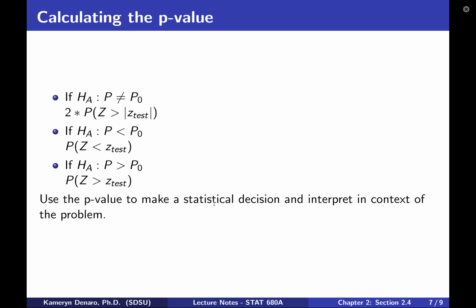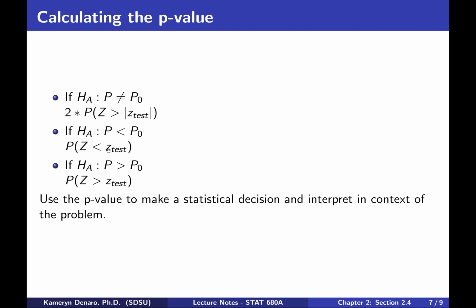From here, we can calculate the p-value, and you do this in the regular way where you find the probability of being as extreme or more extreme than the one in your sample, assuming the null hypothesis is true. So your p-value is really dependent on what you chose as your alternative hypothesis. If you have a two-sided test, you're going to get the probability of being in each of the tails.